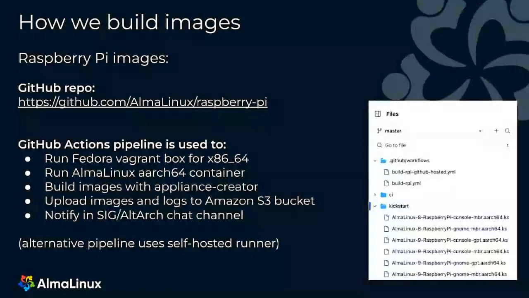It's not available in AlmaLinux, so it's easier to do that. But it's also possible to use an alternative pipeline on a self-hosted runner. If we want to use the GitHub Action runner, we have to go this way. It's fine for us. And we also build images, upload them to the S3 bucket, and notify our users that we have a fresh build to test.